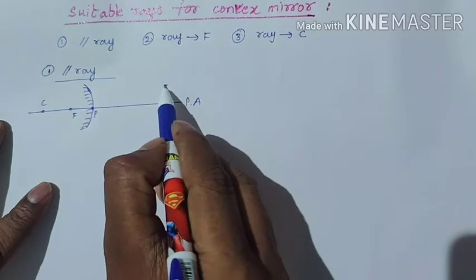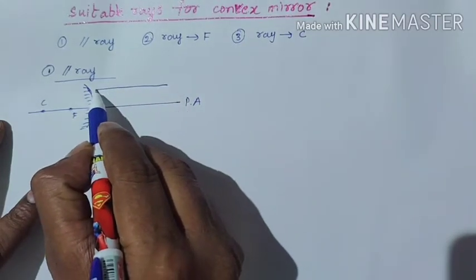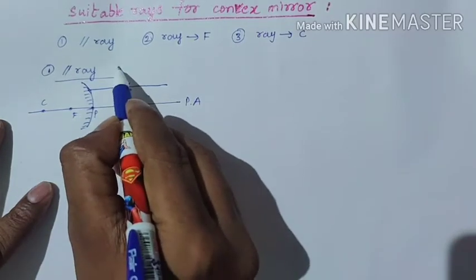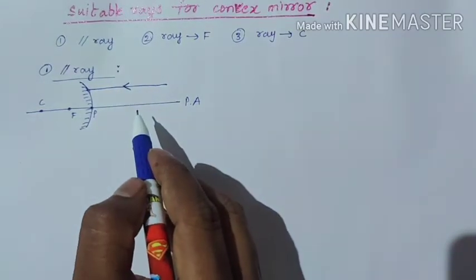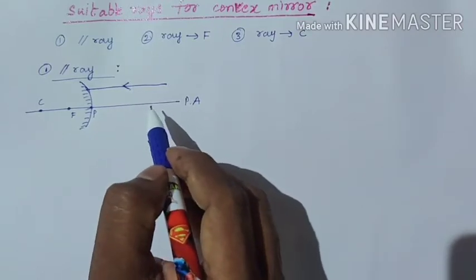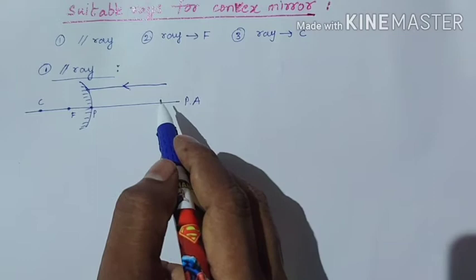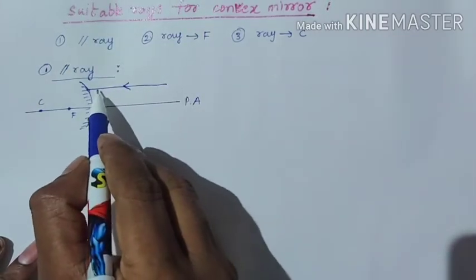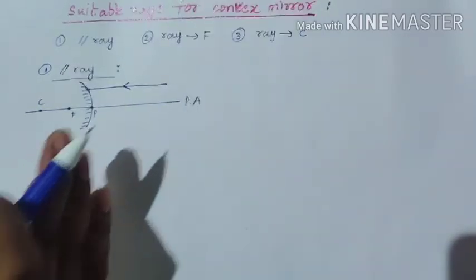I am drawing a ray which is parallel to the principal axis. We know that a ray parallel to the principal axis will always get reflected in the direction of focus. So here this is the parallel ray and it should get reflected through focus.